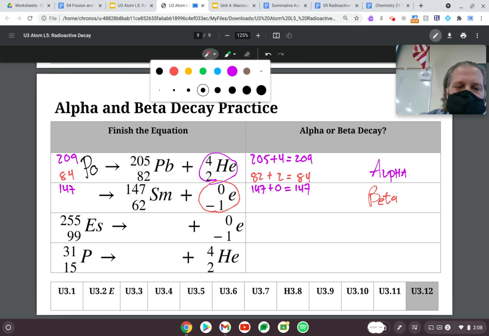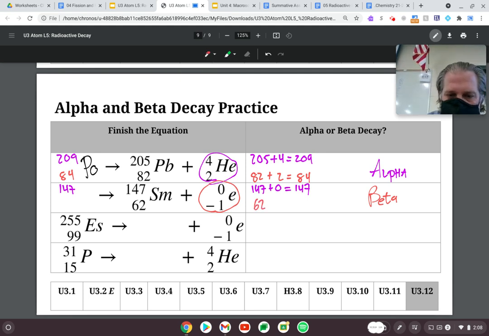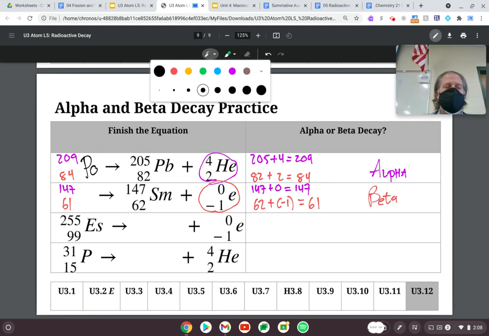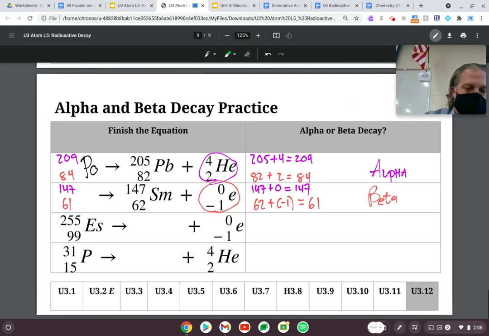Now, this is where things get a little weird or wonky, right? 62 plus a negative 1 is 61. Which means that my original atom has to have an atomic number of 61. And so if I go to the periodic table and I locate element 61, I find out that it is promethium.